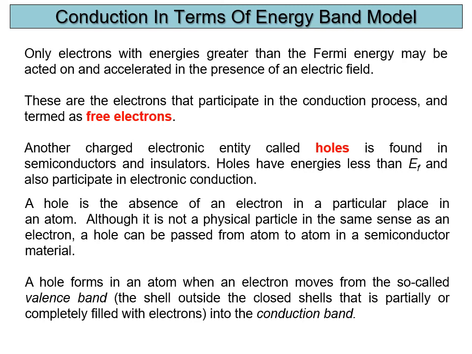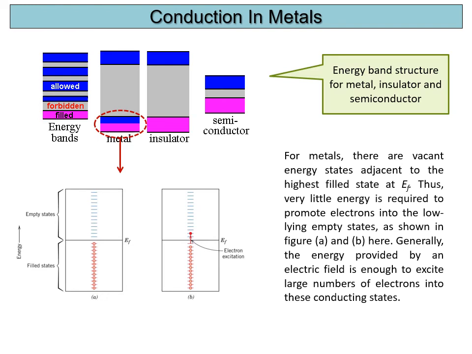A hole can be passed from atom to atom in semiconductor material. A hole forms in an atom when an electron moves from the so-called valence band, the shell outside the closed shell that is partially or completely filled with electrons, into the conduction band.